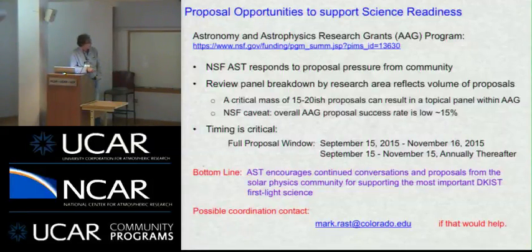So the NSF actually welcomes a critical mass of proposals, 15 to 20-ish, so that they can make a topical review panel. Of course, they have the caveat that the proposal success rate is low, but if we as a community submit something on the order of this number of proposals for solar science in preparation for DKIST or otherwise, then the NSF is willing to formulate a review panel that perhaps has a larger knowledge base for review.